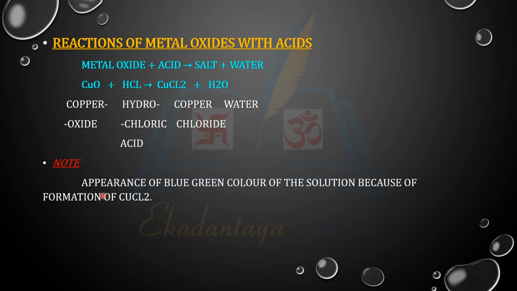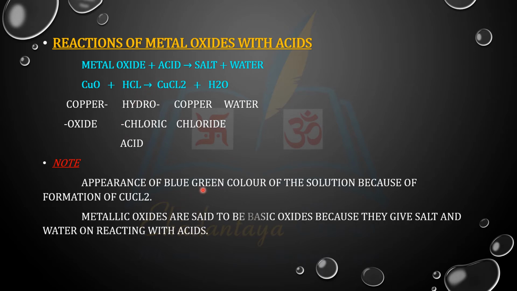Note the appearance of a blue-green color of the solution because of the formation of CuCl2. Metal oxides are said to be basic oxides because they give salt and water on reacting with acid.